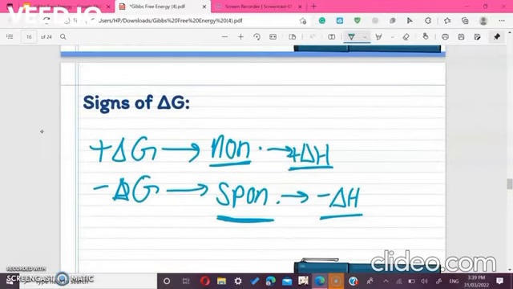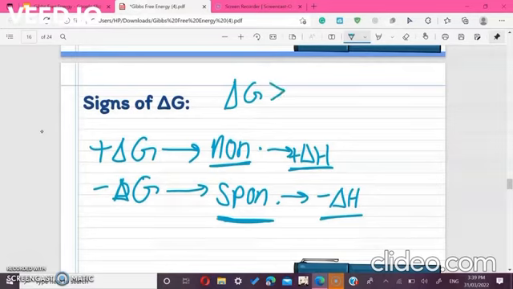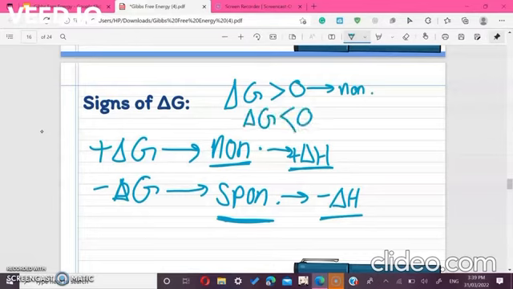Also, when delta G is larger than 0, delta G is positive, so the reaction is non-spontaneous. When delta G is less than 0, which means that it is negative, it means that the reaction is spontaneous.